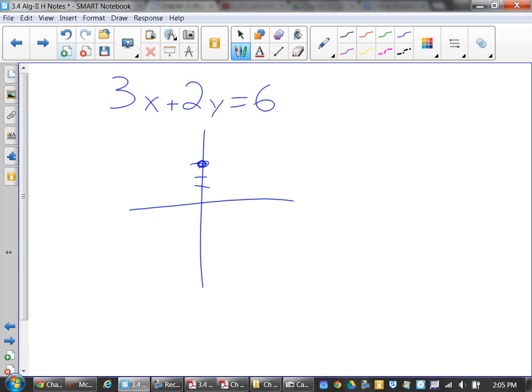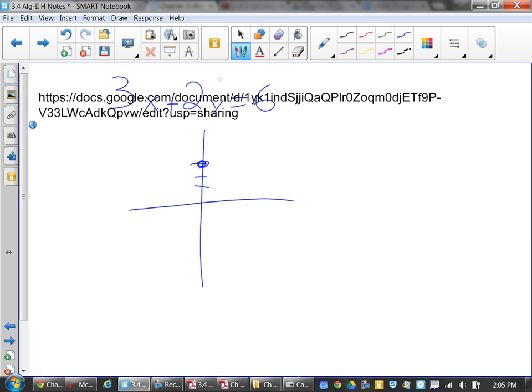When you have the x-intercept, what's your value for y? 0. That means your y value is 0, so what's your x-intercept?